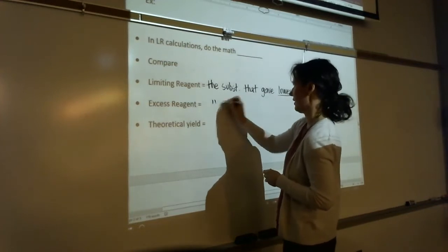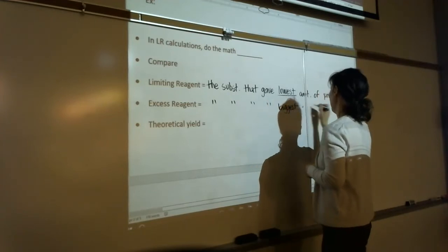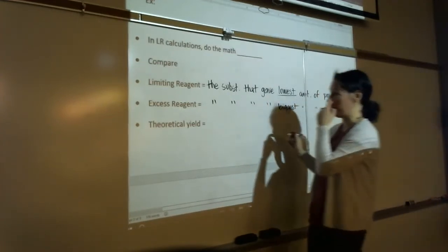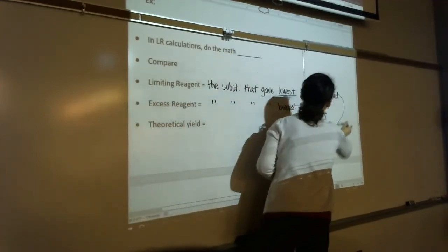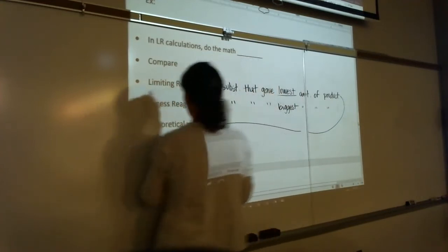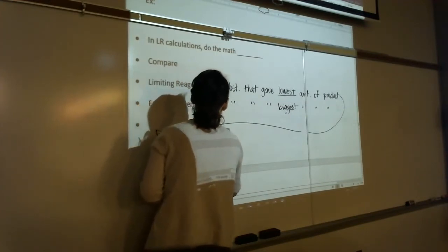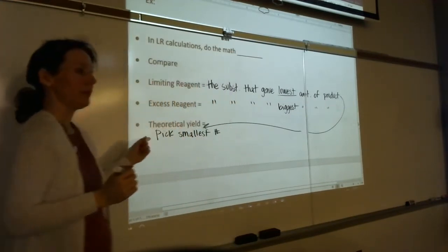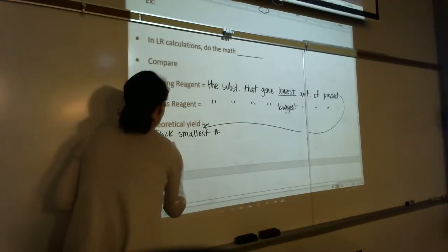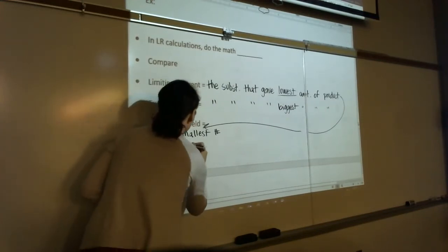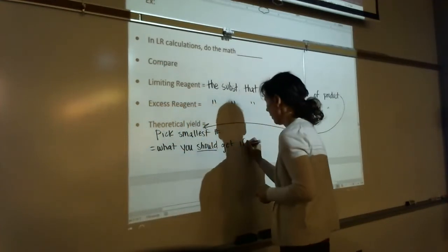The excess reagent is the substance that gave the biggest amount of product. And the theoretical yield, whatever this number ends up being, that value goes right here. Okay? You pick the smallest number. And theoretical yield is just that. It's what you should get theoretically, if you go do the experiment.